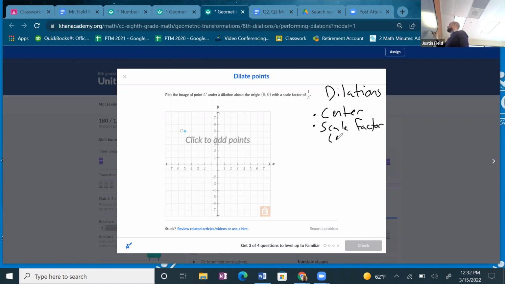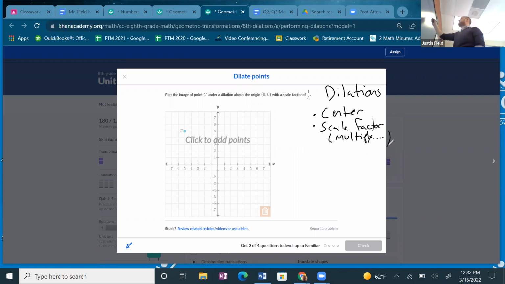And it's multiplying. Whereas these other transformations were really addition, subtraction, or maybe multiplying by -1, here we're going to multiply by the scale factor.